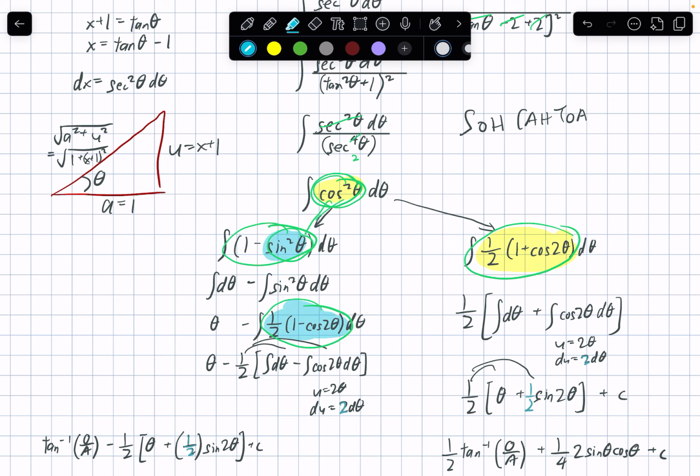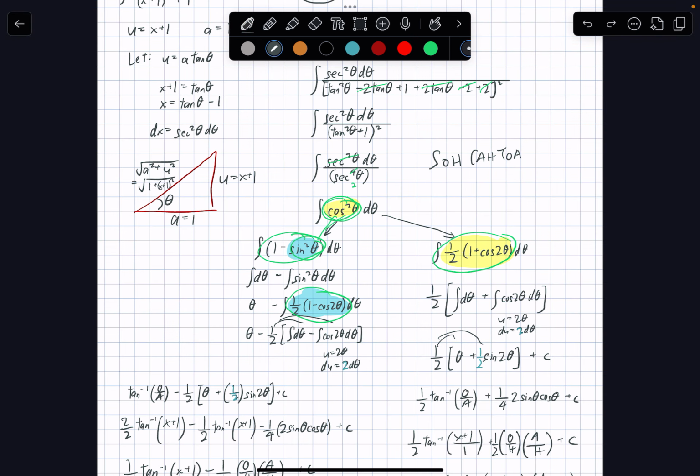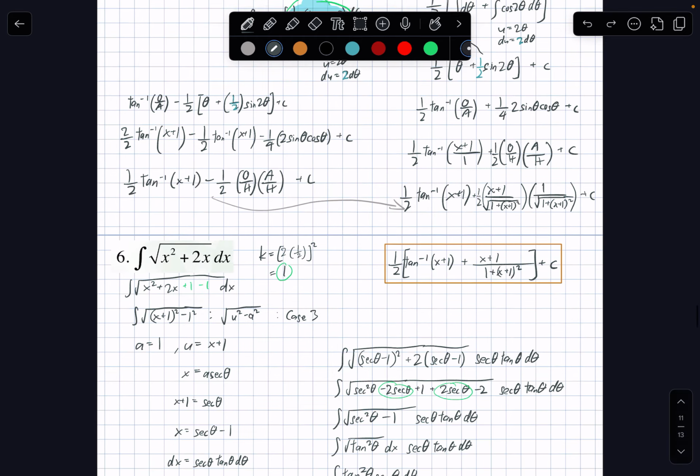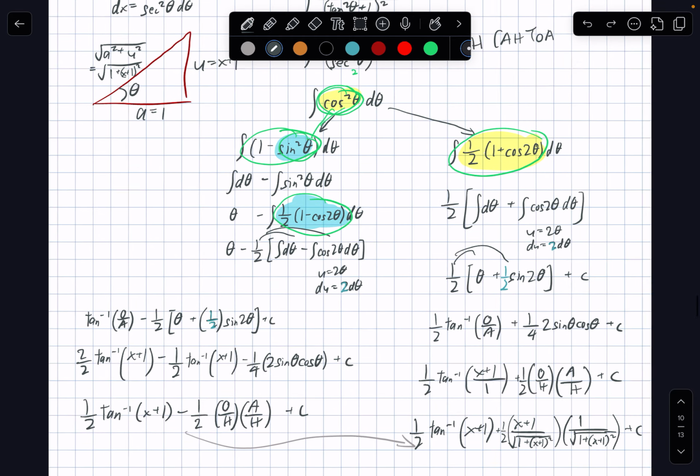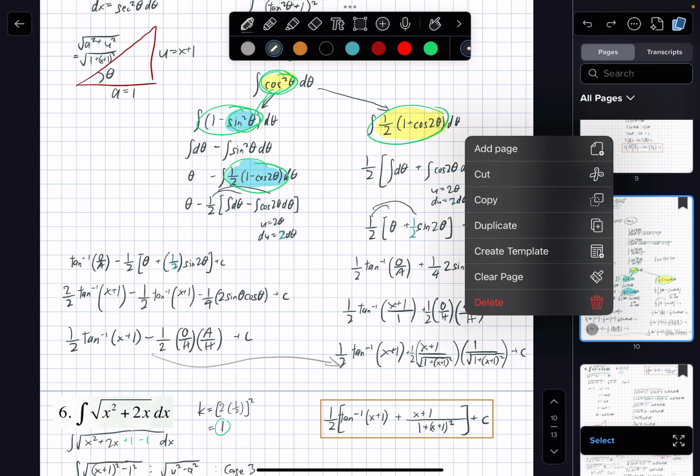These are also equal. If you notice, the only difference is the sign. So we have a 1/2 and then open close parenthesis 1 and then cosine 2 theta. In cosine, it's plus. In sine, it's minus. Okay? So that's it. Next question.